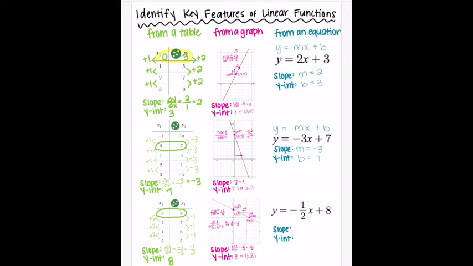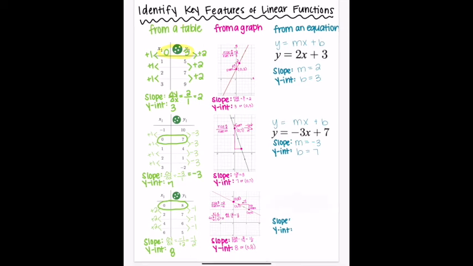And finally, we have the equation. Now, up until now, we have had our equation written in y equals mx plus b form. But what if we didn't have it in this form?